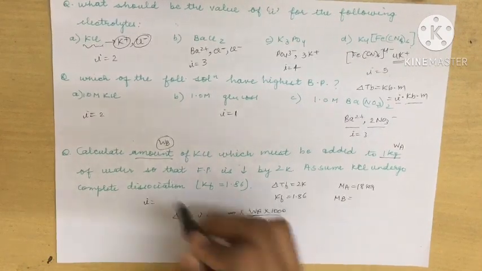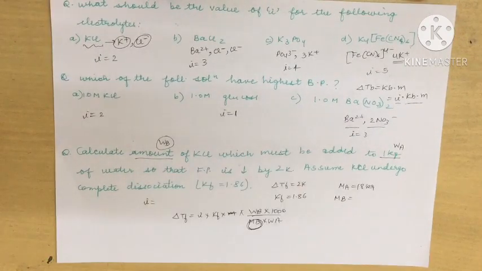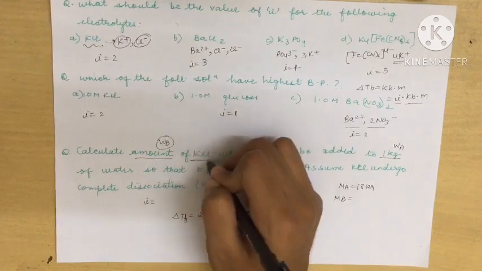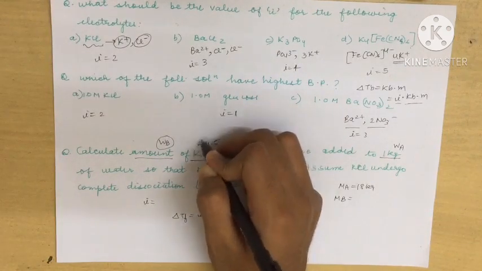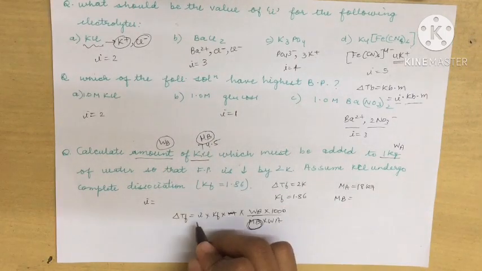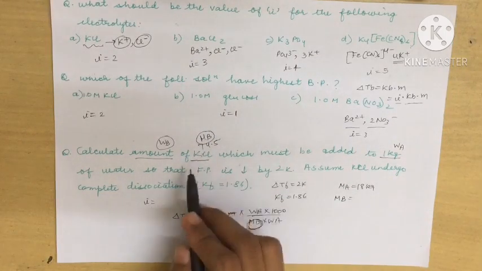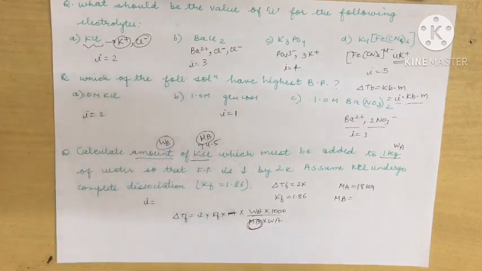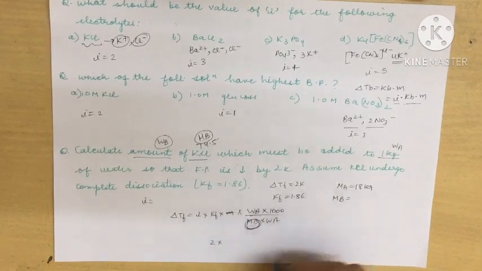Here you just use the actual value, you calculate it. When you calculate it, it is simply 74.5, so its value is 74.5, that is the Mb, molar mass of KCl. Now put the value of i. What will be i? For KCl we've calculated i already, this is 2, into Kf.